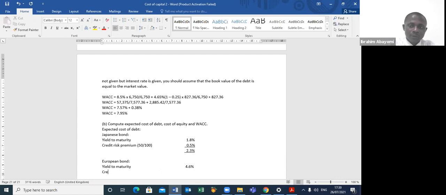Then what is the credit risk premium for the European bond? It is 85. So 85 divided by 100 will give us 0.85%.